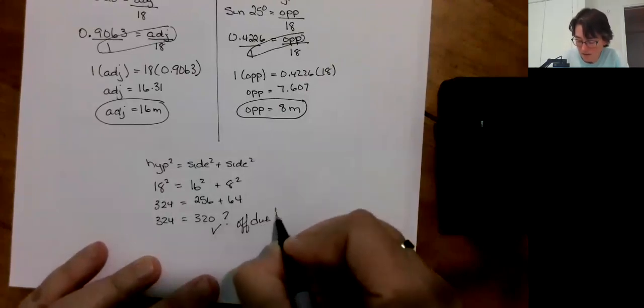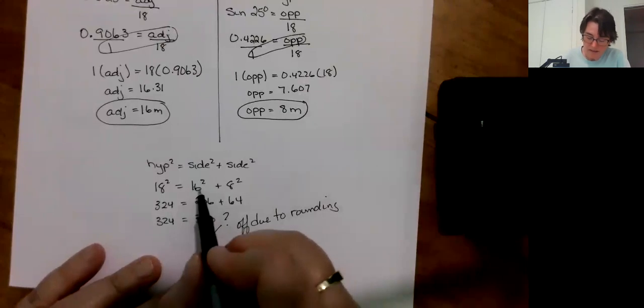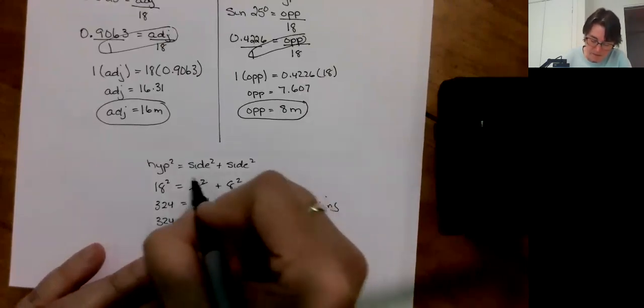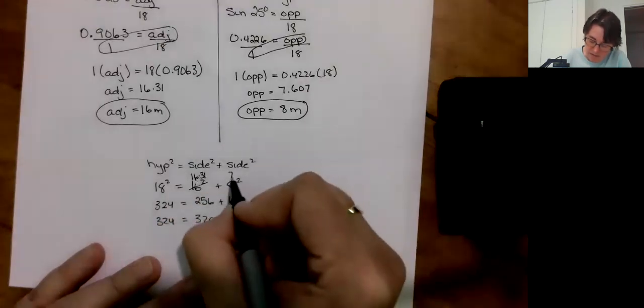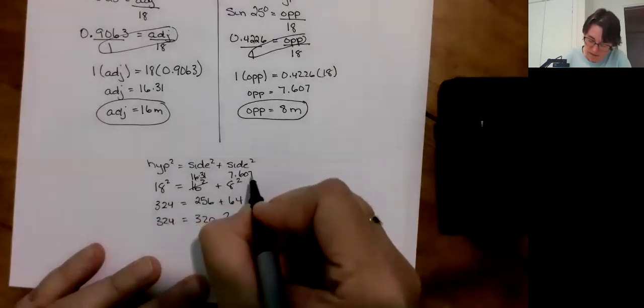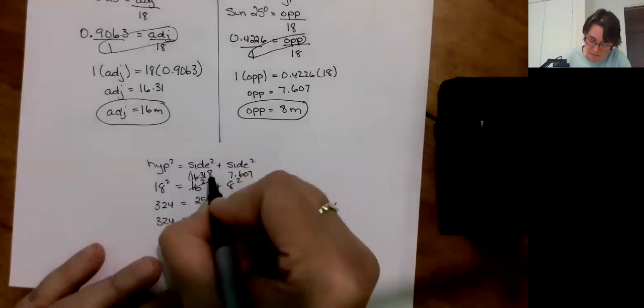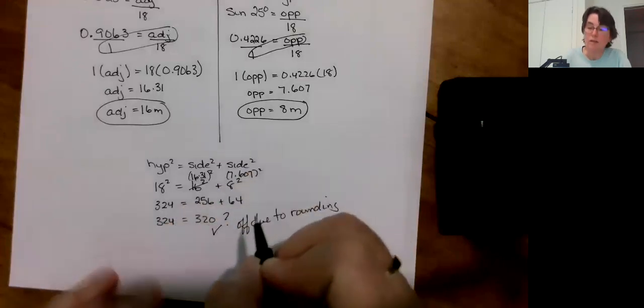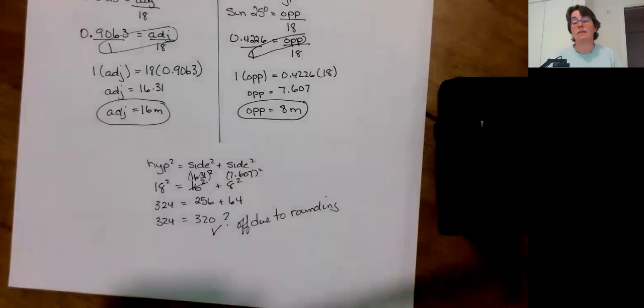It's off due to rounding. If I replace this with 16.31 and this with 7.607, and square those up, it'll be a whole lot closer. I'm not going to do that. This was just an extra one.